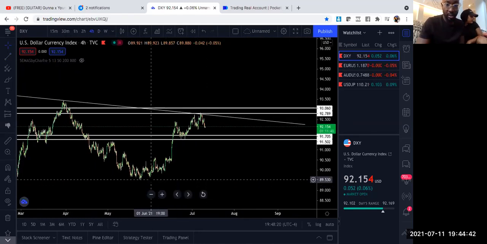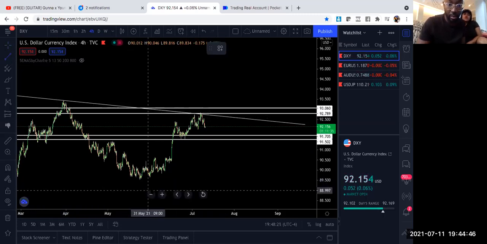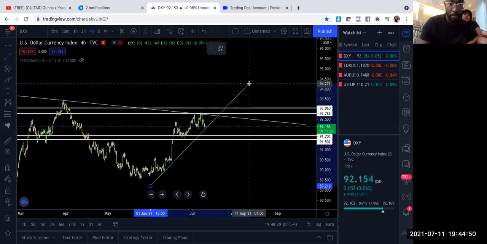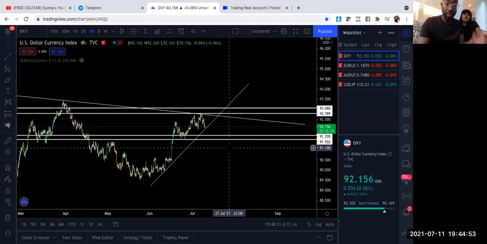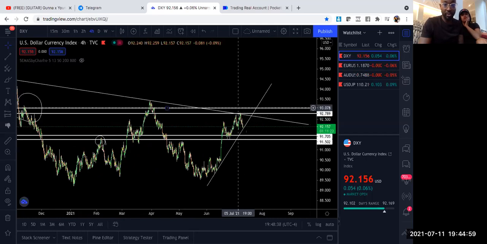But if you take a look, we have spent a lot of time right here. So the trend lines are cool because you can put the trend lines on top of the price reversal zones.